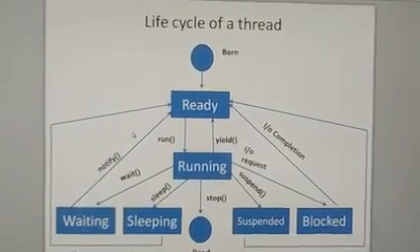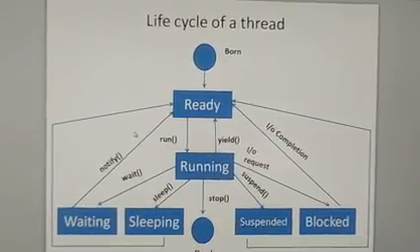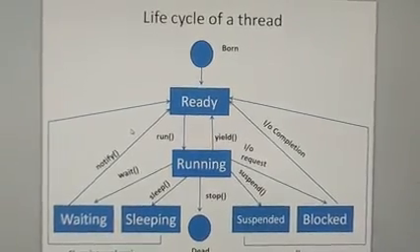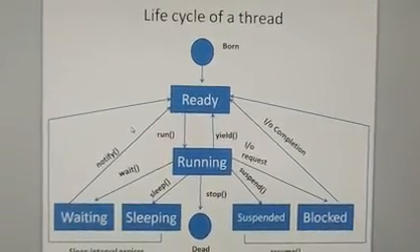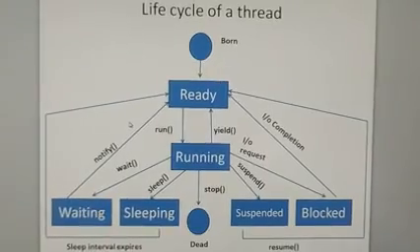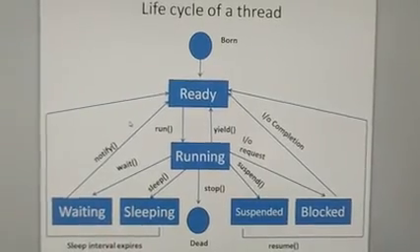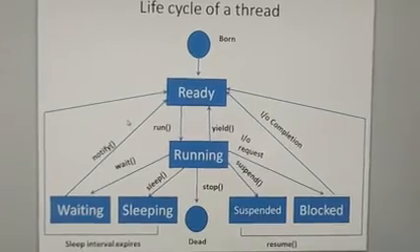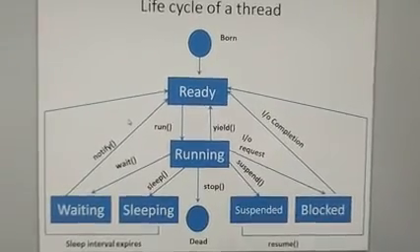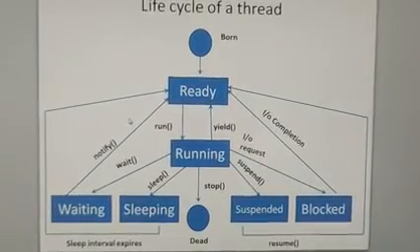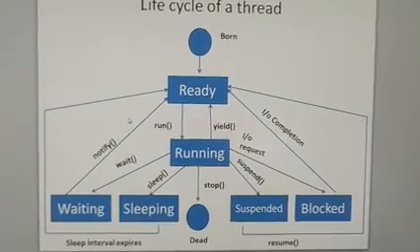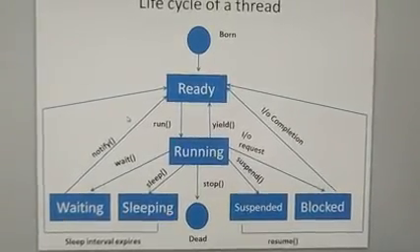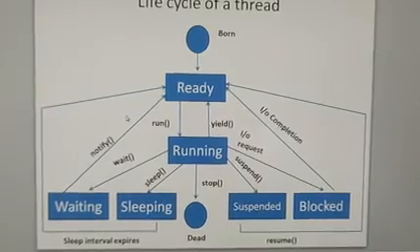Otherwise, it may be sleeping, waiting, suspended, or blocked. From the ready to running state, the run method is called, and from running to sleeping state, the sleep method is invoked. If we make it sleep for 500 or 100 milliseconds, when the sleep time expires it comes back to the ready state.